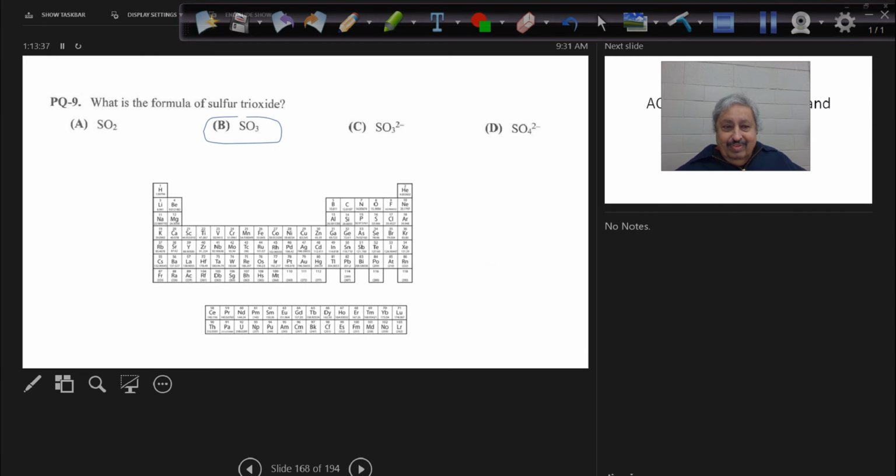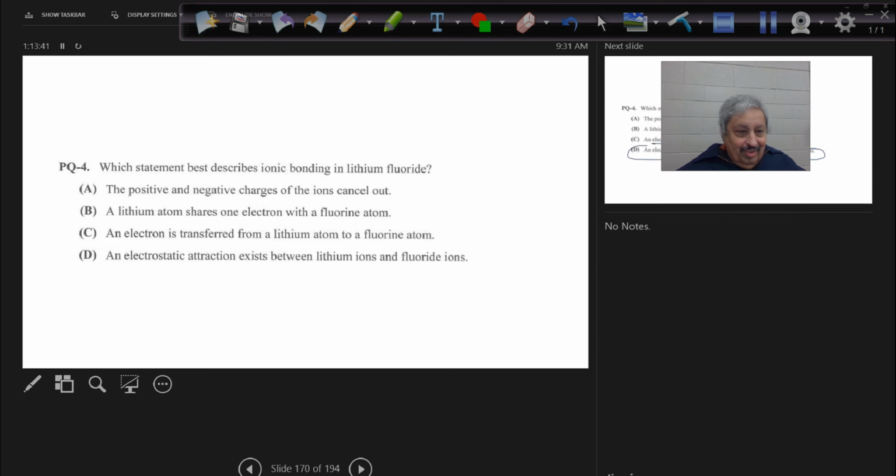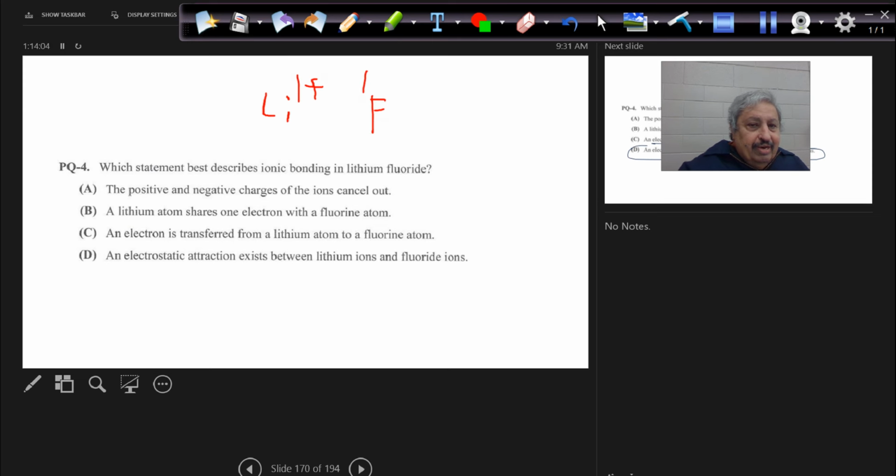So, correct. What statement best describes the ionic bonding of lithium and fluoride? Lithium is the first group, correct, +1. And fluoride is group 7, -1, correct?